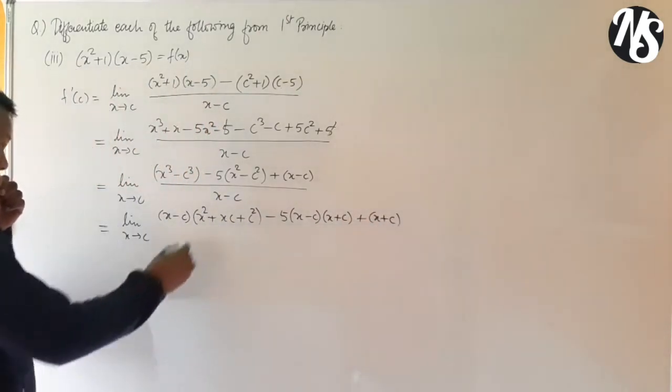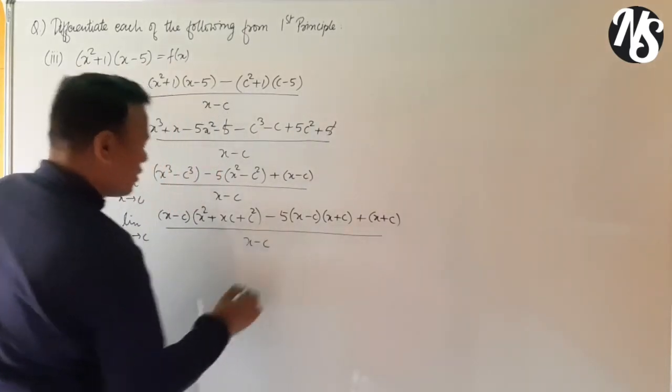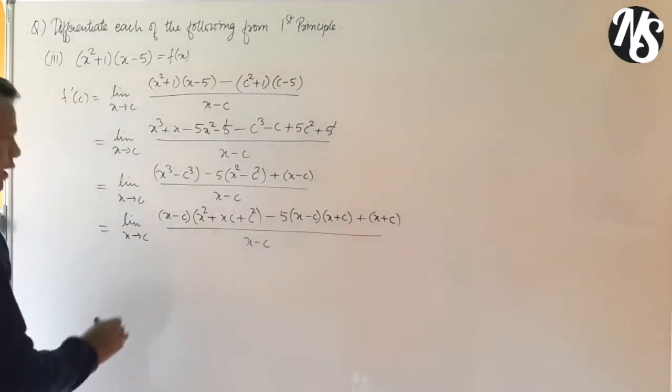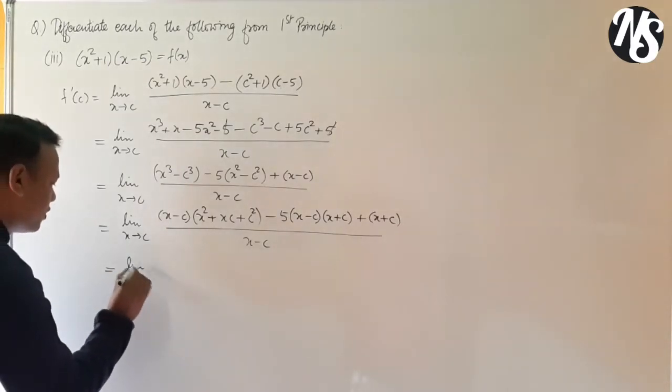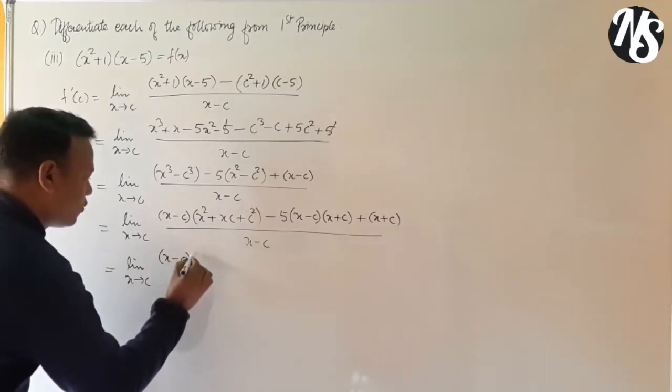Now see here carefully, we have x minus c in the denominator. Now if you take x minus c common from the numerator, then you see that x minus c is common. So what is left?